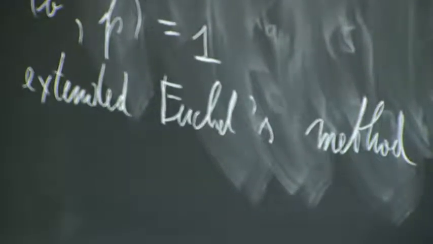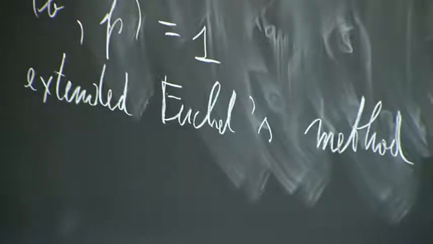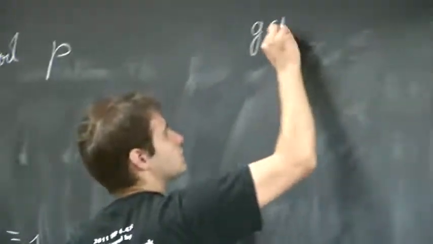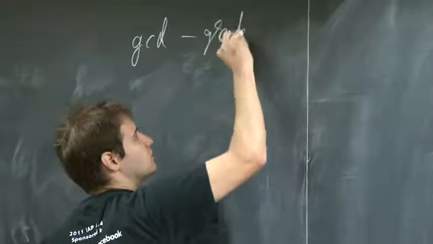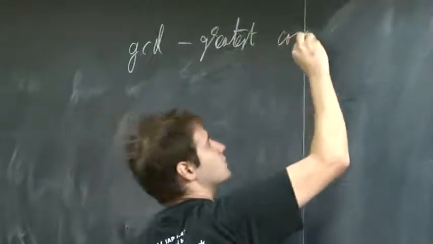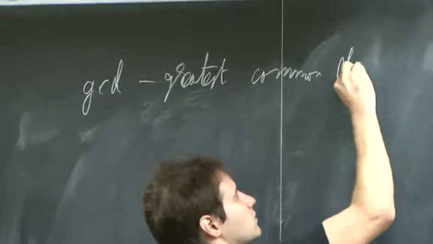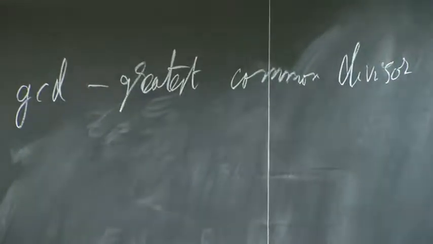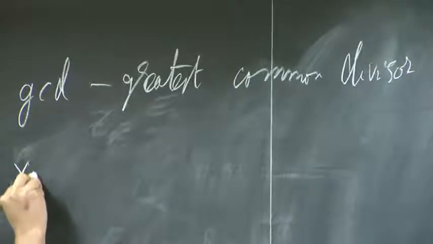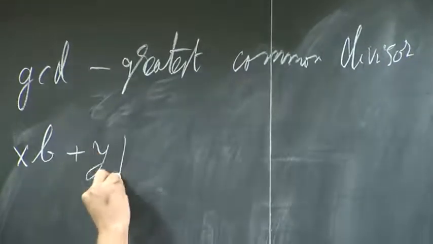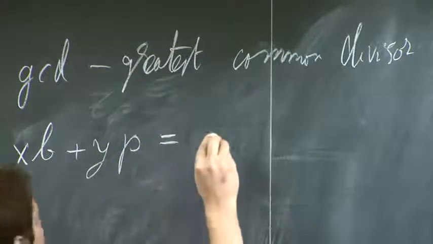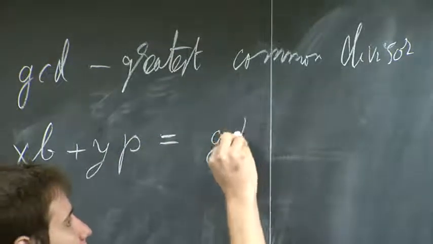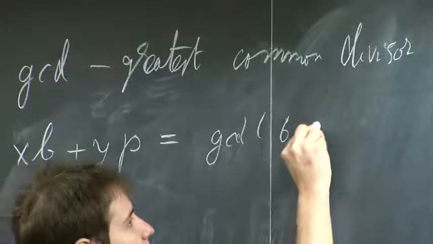If we have b and p, and we compute their GCD, the greatest common divisor, if you use extended Euclid, you get something like xb plus yp equals GCD of b and p.